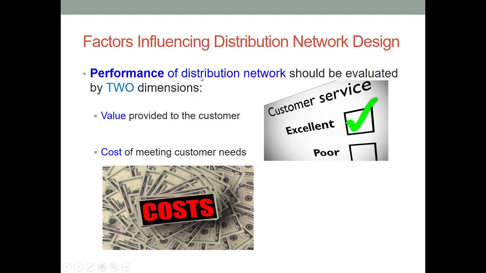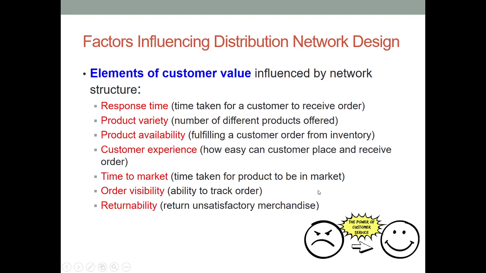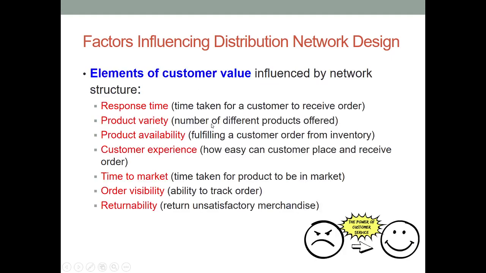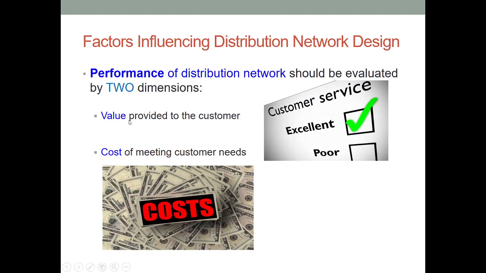And also, the distribution network will incur a cost, of course, the cost of meeting the customer needs. We will go into detail on each dimension. Customer value, customer service, and what are the costs of meeting the customer needs involved.